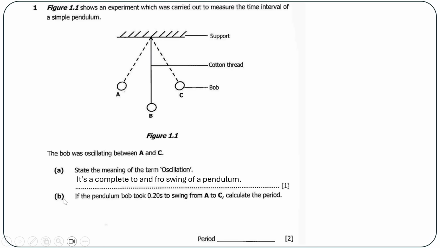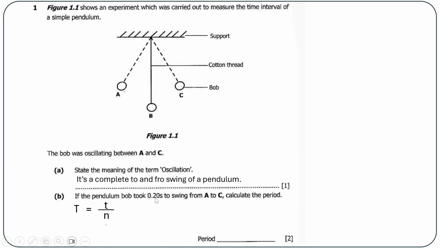Then (b): if the pendulum bob took 0.20 seconds to swing from A to C, calculate the period. They are saying the time it took for this bob to move from A to C was 0.20 seconds. Period T is equal to time over number of swings.